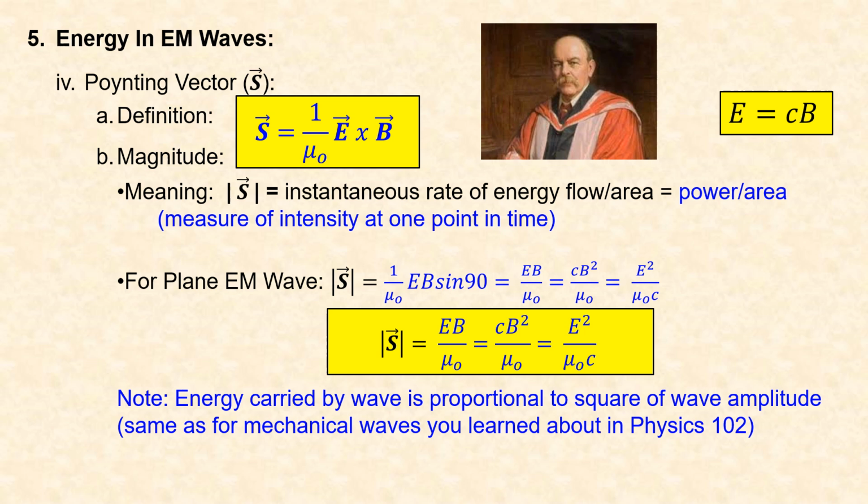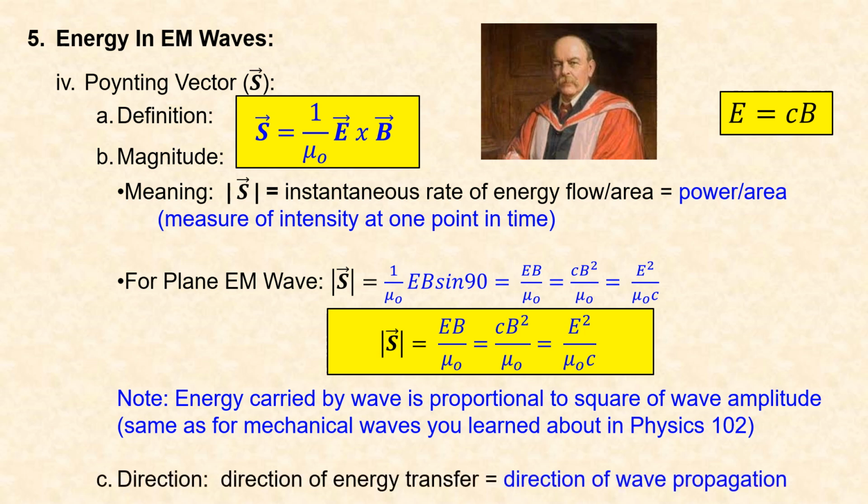Here for electromagnetic waves, it is no different. Wave energy is proportional to the square of the amplitude, which is either of the electric field or the magnetic field. And finally, let's take a look at the direction of the Poynting vector. It is very simply the direction of energy transfer, that is the direction of the wave propagation in space.